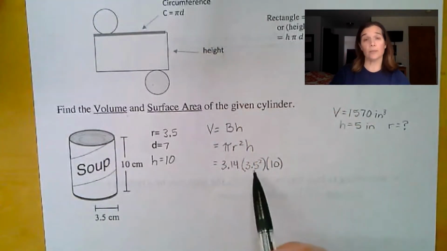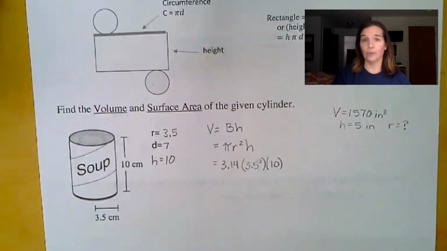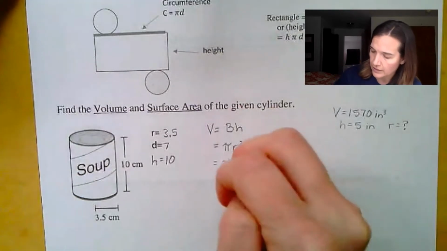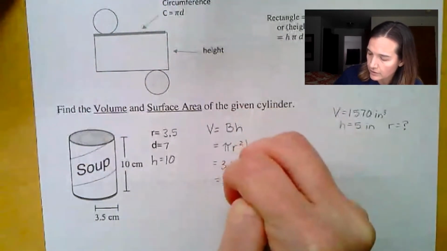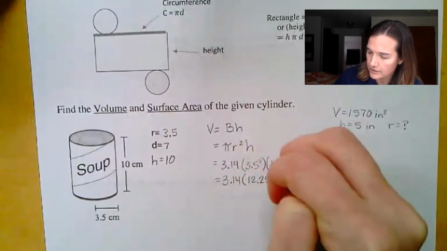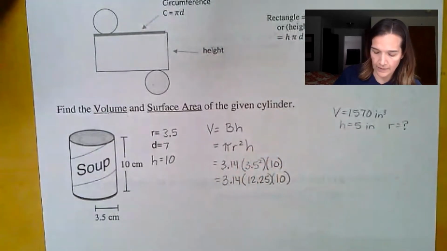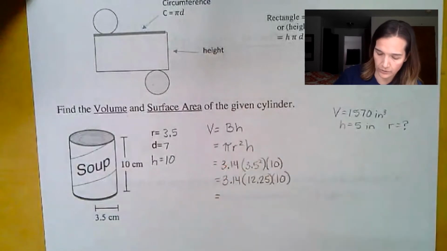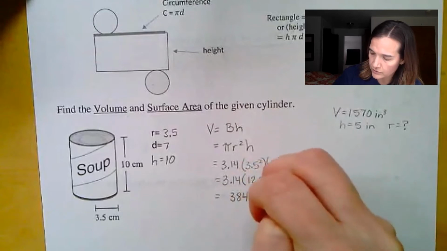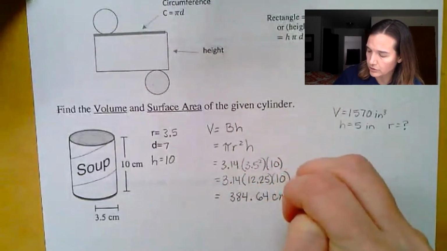So always do exponents before you multiply for order of operations. And so I'm going to do 3.5 times 3.5. That's going to give me 3.14 times 12.25 times 10. And then multiply all that out. You'll end up with 384.64 centimeters cubed.